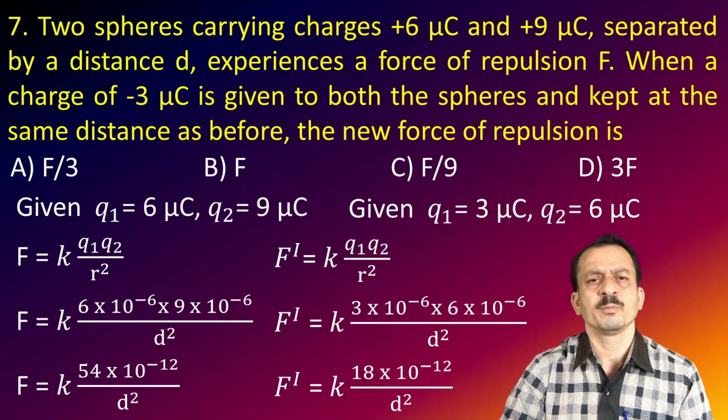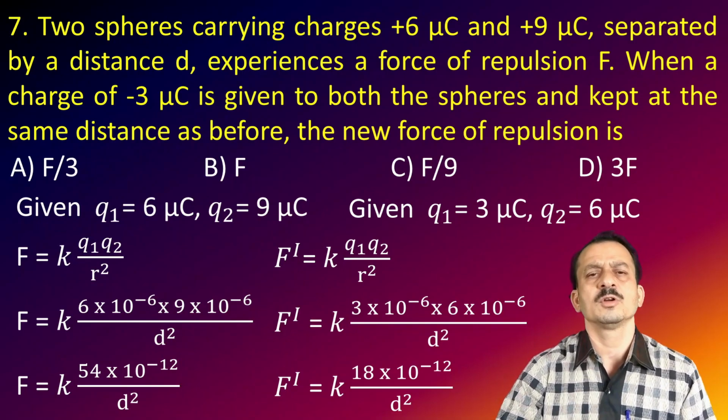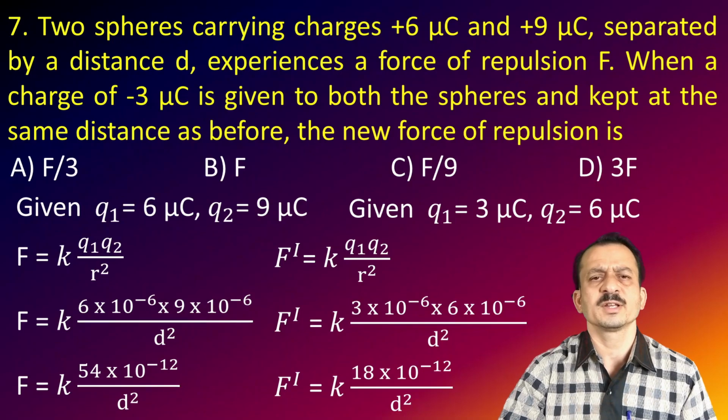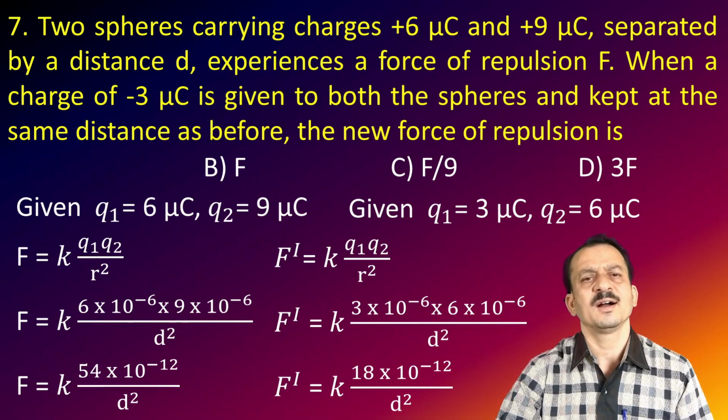Now in the first case, force is 54 and all other constants, and in the second case F dash is 18. So if you compare this one, F dash is lesser than F by 1/3. Therefore, the result is F dash is equal to F by 3. That is the answer.